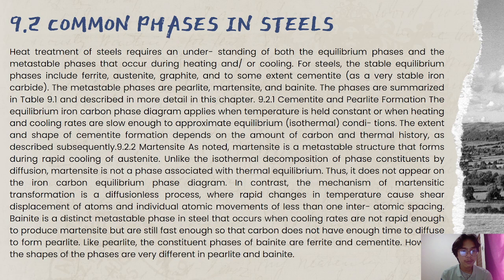The extent and shape of cementite formation depends on the amount of carbon and thermal history, as described subsequently. Unlike the isothermal decomposition of austenite by diffusion, martensite is not a phase associated with thermal equilibrium. It does not appear in the iron carbon equilibrium phase diagram.